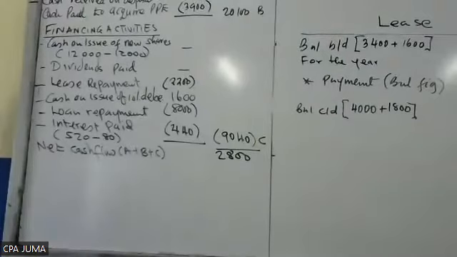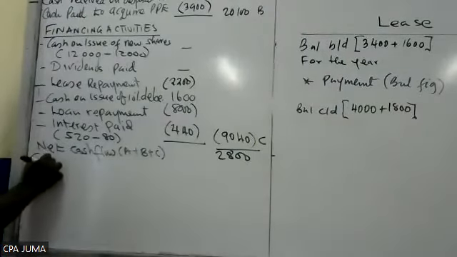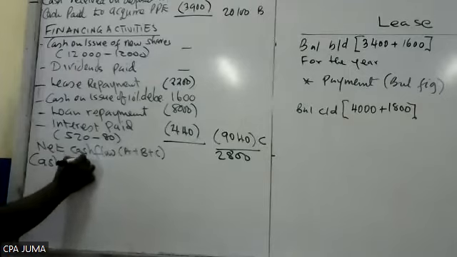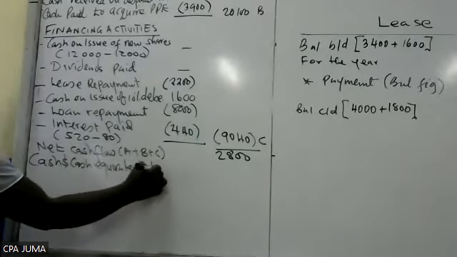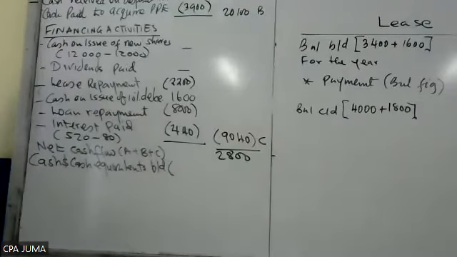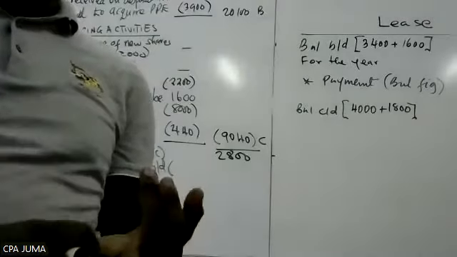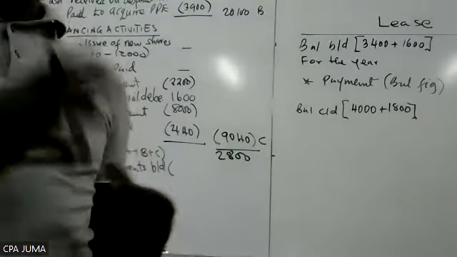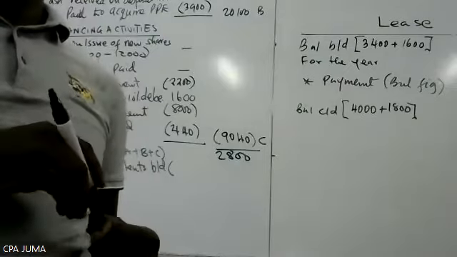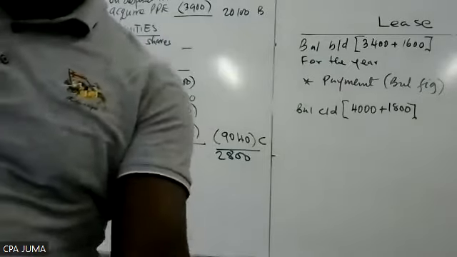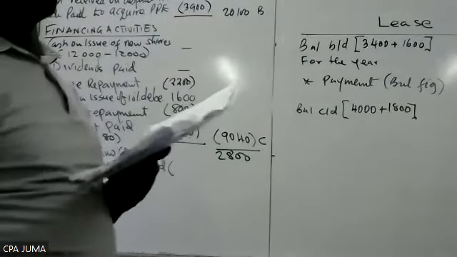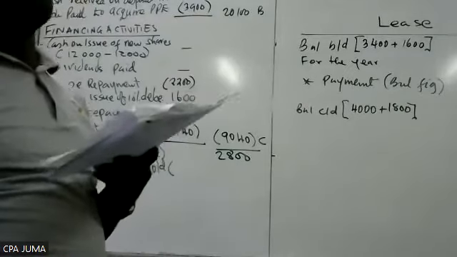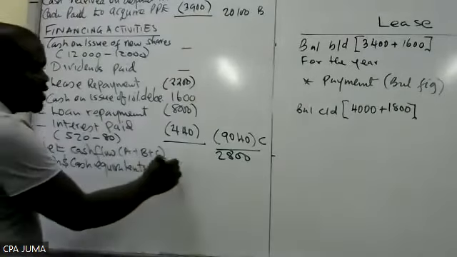So if you are wrong we know. So you write here cash and cash equivalents brought down. So for cash and cash equivalents brought down, you check cash in hand or bank and bank overdraft. But bank overdraft is a negative cash equivalent. So go to current assets. Are you seeing cash at bank? At the beginning, cash at bank was how much? 0. How much was overdraft?